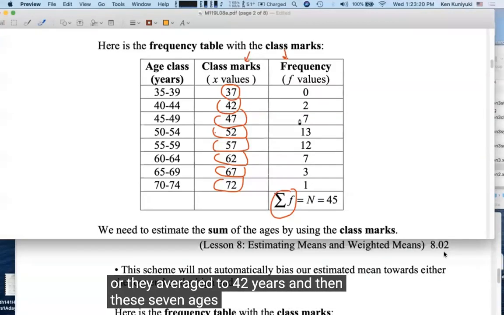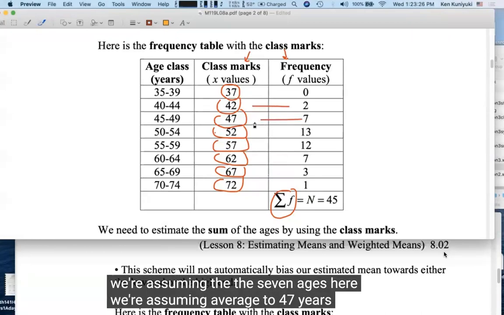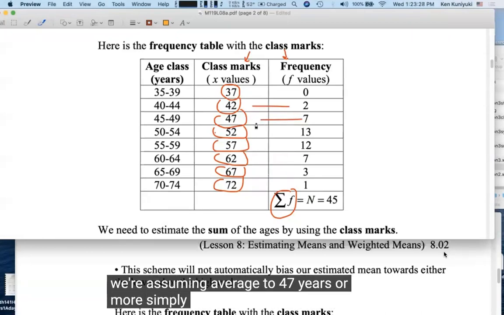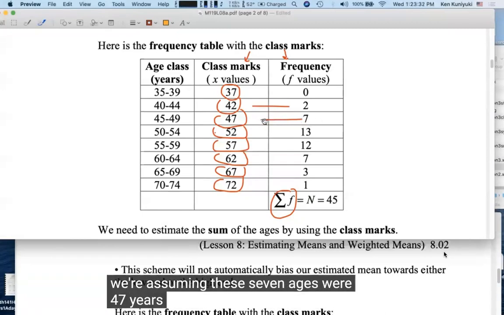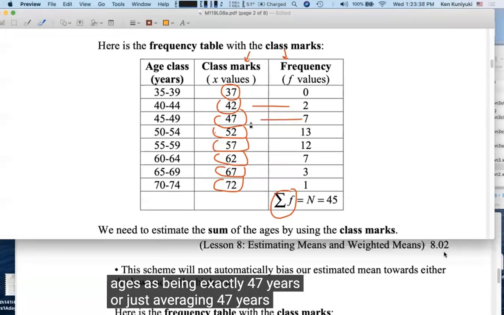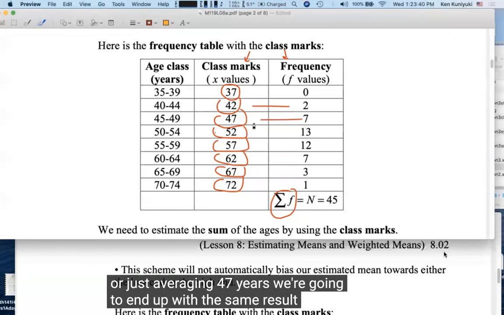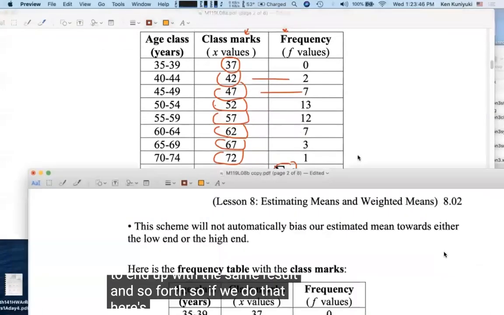And then these 7 ages, we're assuming averaged to 47 years, or more simply, they were 47 years. Whether you think of the 7 ages as being exactly 47 years or just averaging to 47 years, we're going to end up with the same result, and so forth. So if we do that, here's what we get.